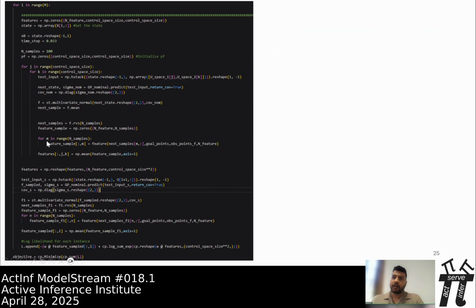For all the possible inputs, we compute the next possible state using the Gaussian process model, we sample a number of samples from this Gaussian process model, and we compute the features. We do the averaging, and we compute the expected value for these features.